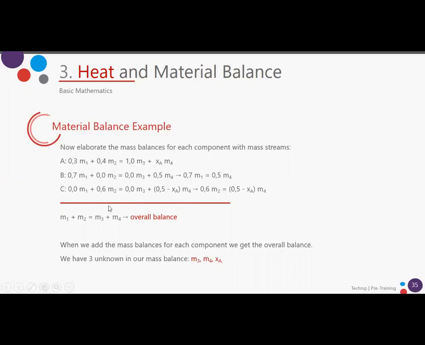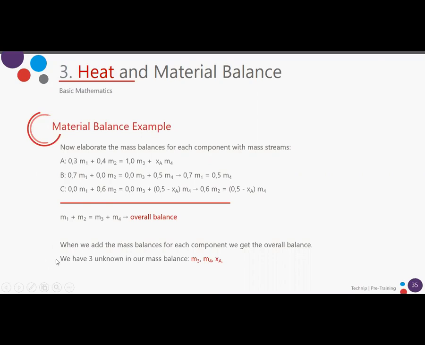And we do that for the other mass streams as well. At the end, we have to have mass 1 and mass 2 equal to mass 3 and mass 4, which is the fundamental assumption that all mass entering the column or a system is equal to the mass exiting.